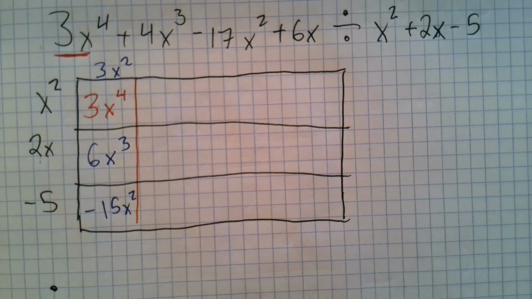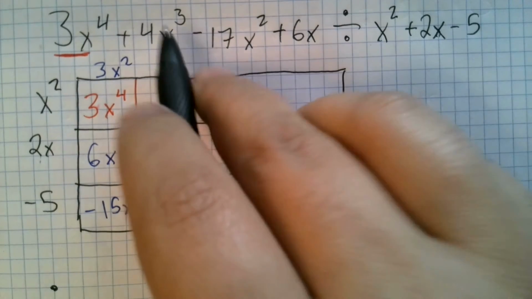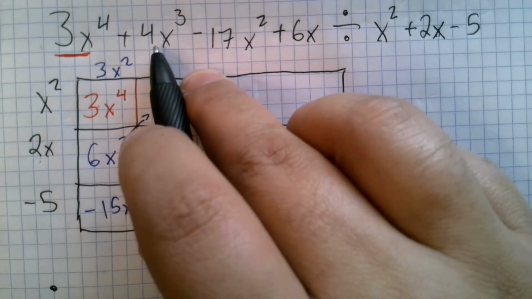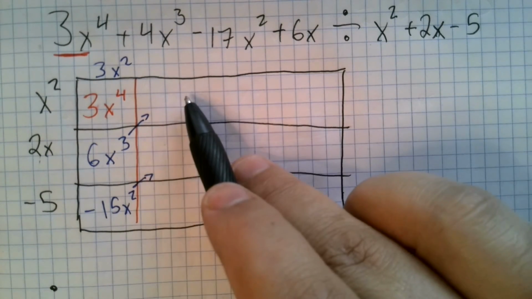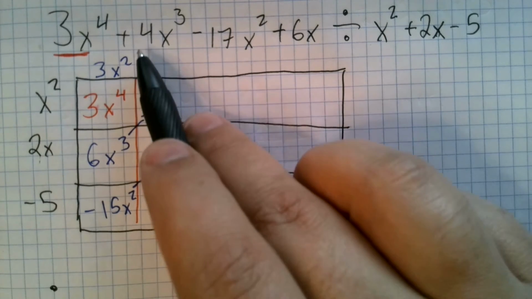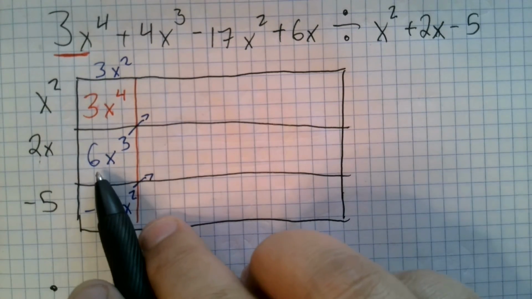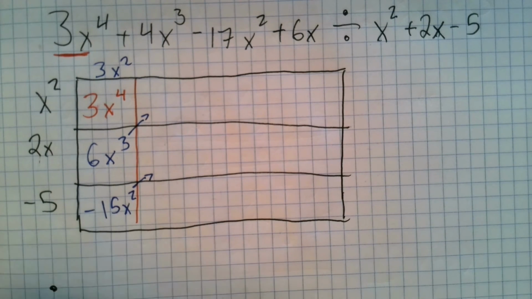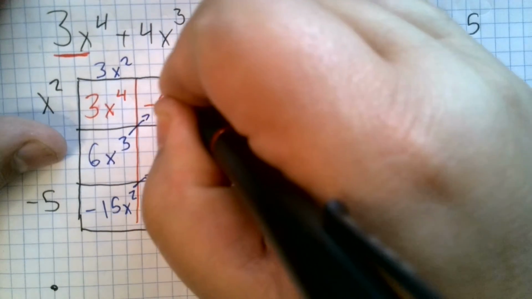The diagonals along these boxes sum to the corresponding term in the dividend. So my x to the third diagonal has to add up to 4x cubed. What do I have to add to 6 to get to 4? That sounds strange, but you have to add negative 2x cubed.